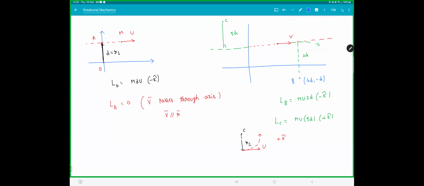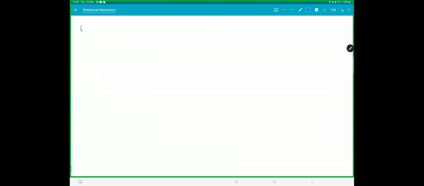Next one. A 2 kg mass moves with 10 meters per second along the line 3x plus 4y plus 1 is equal to 0.